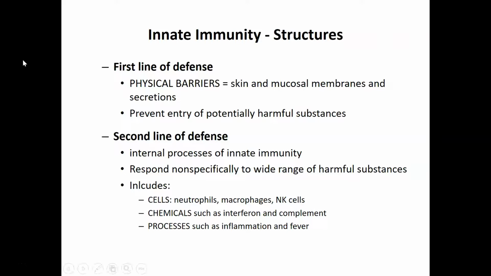Also different types of chemicals, and these include proteins, for example, interferon and complement proteins, but also chemicals involved in the inflammatory response. The main processes involved are inflammation, the inflammatory response, and fever. So let's go through the first line of defense first, and then we'll tackle the second line of defense.